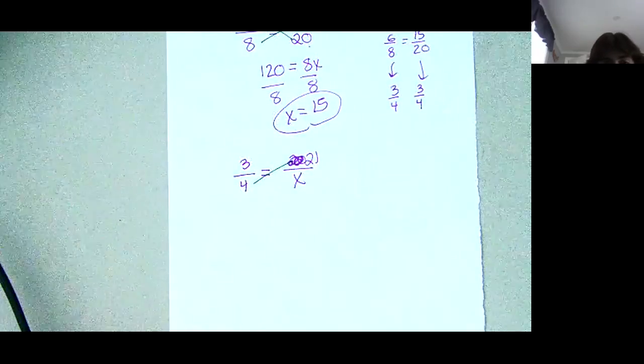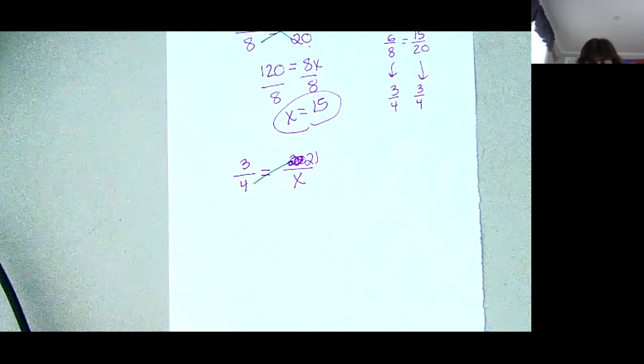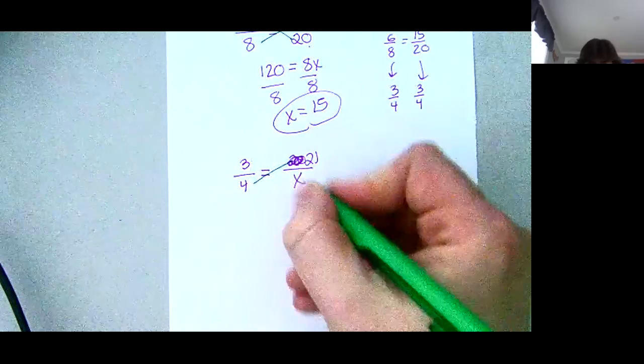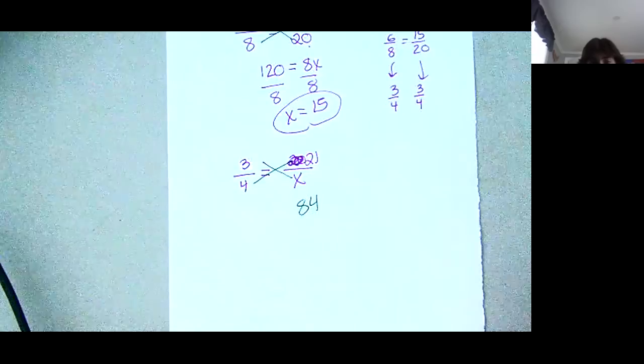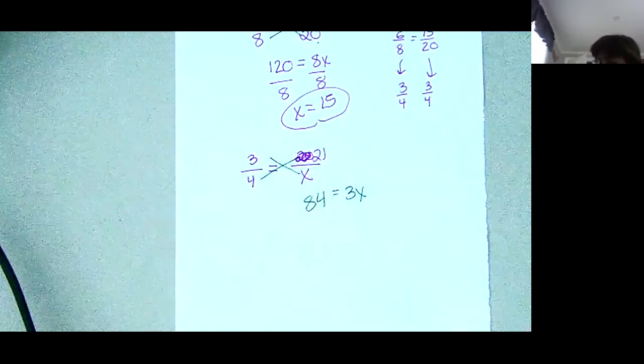4 times 21 is definitely a calculator one. Maybe not definitely, but I think it is. 84. And 3 times x. Finish it off.